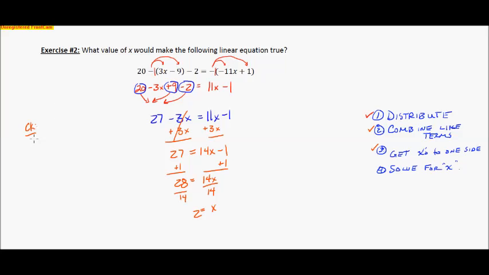Okay, so I come over here and I can do a check. I just simply start with the equation that it was originally, and I plug in a 2 everywhere I see an x. And I have a -11 times a 2 plus 1. And I'll draw a little line just to separate things here. I just do the math on each side. So 3 times 2 is 6, and I take away 9.